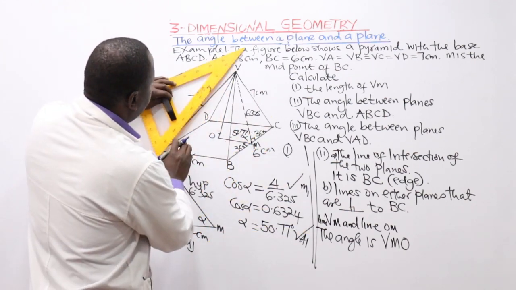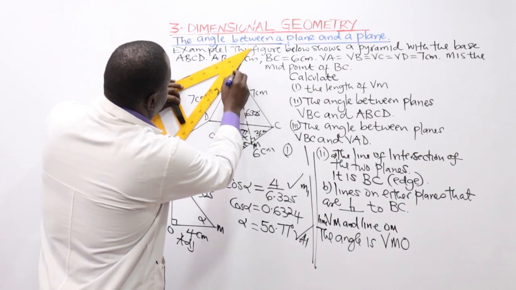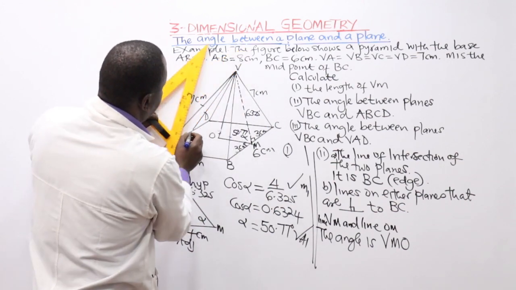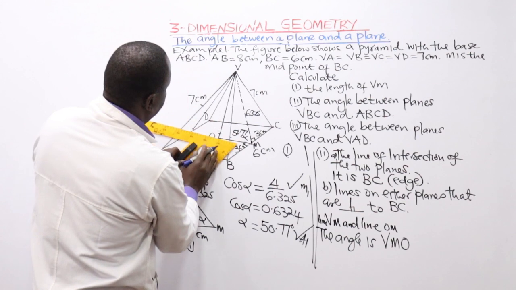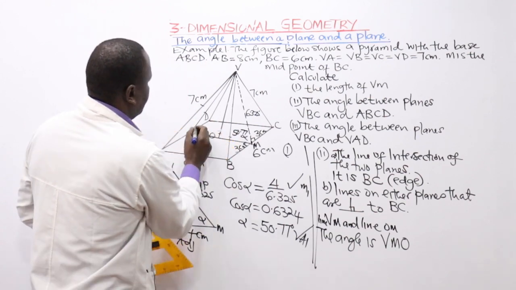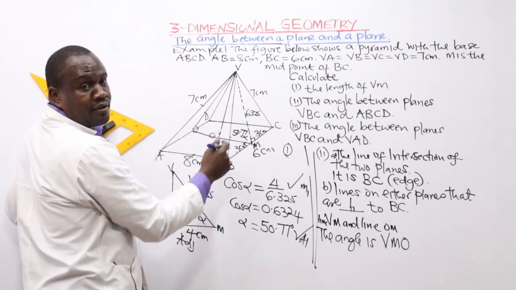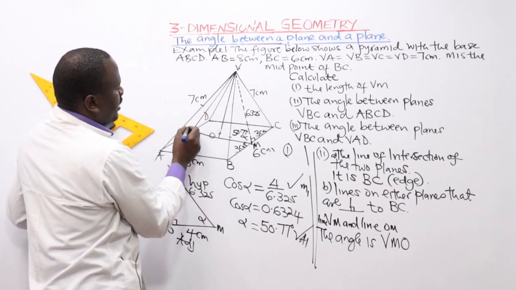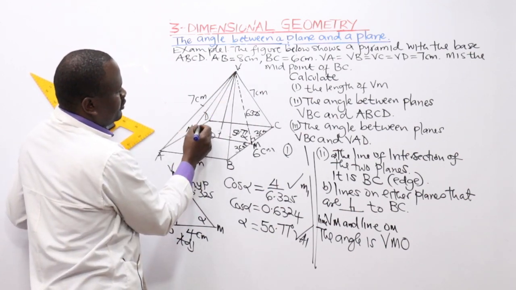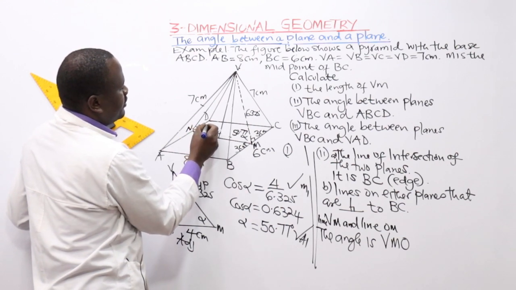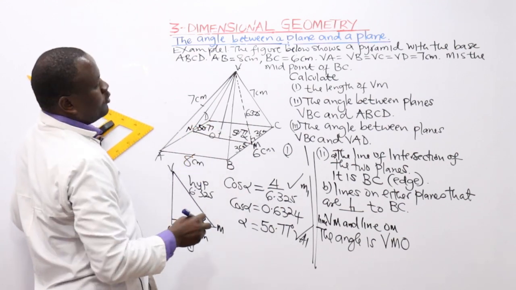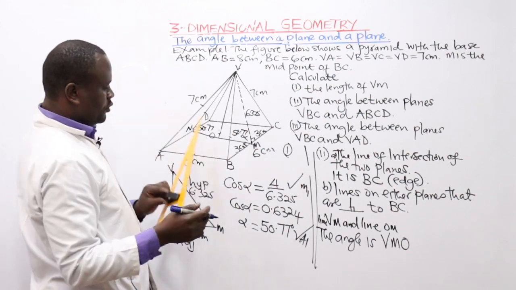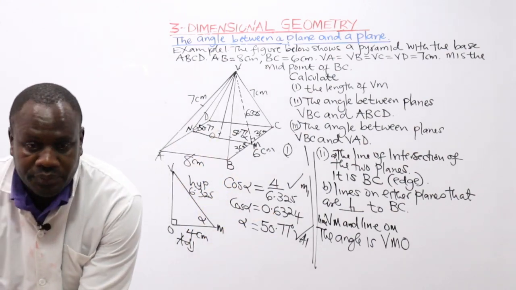There is another angle on this side that is also the same. This one, base angles of an isosceles triangle. This is N. This angle is also 50.77. So what is the angle between those two planes?